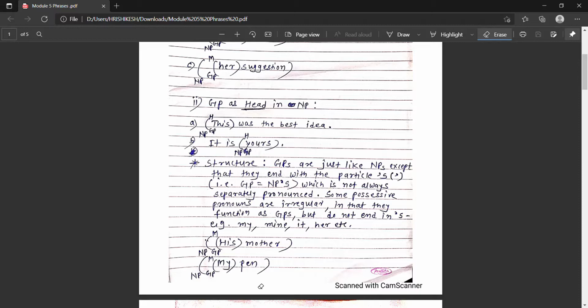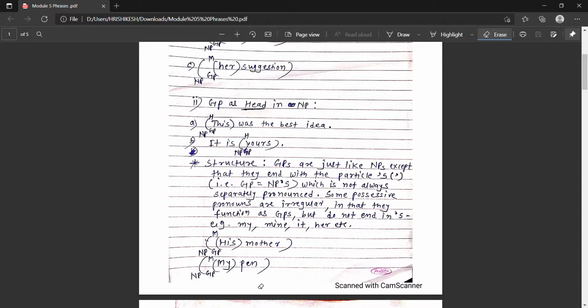Now, his: there is a round bracket around that word his. His here shows you possession. Whose mother? His mother. Possession. ती कोणाची आई आहे? त्याची आई आहे. His mother. His here is a GP, genitive phrase, again functioning as a pre-modifier of mother. Mother is here the head word.